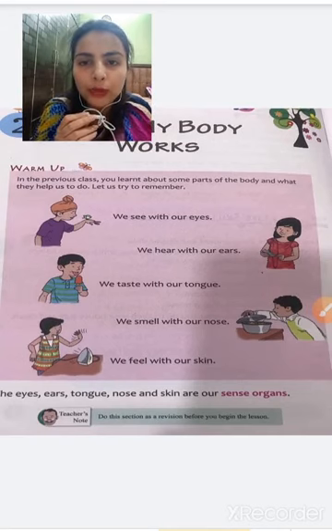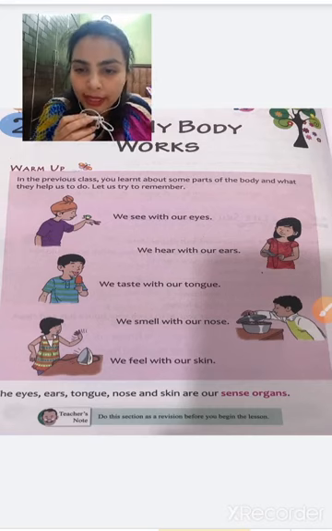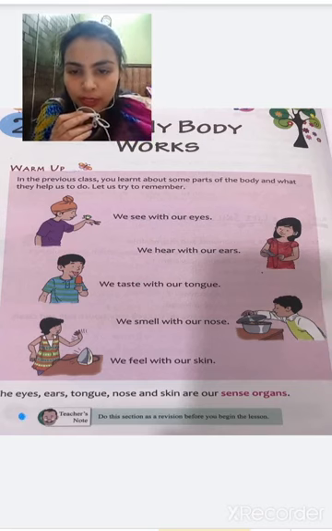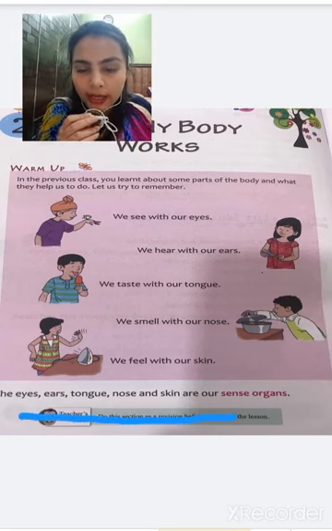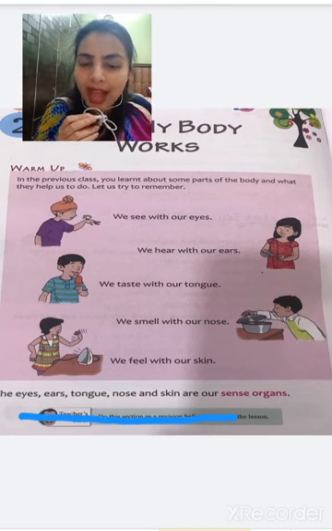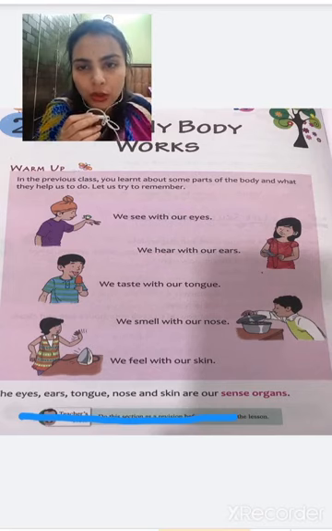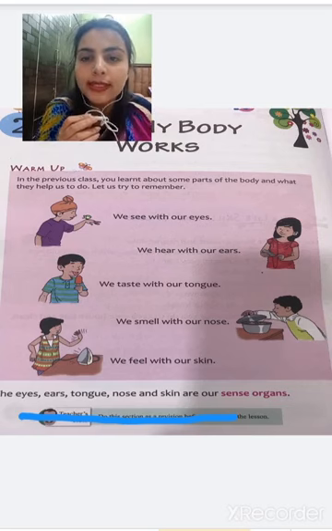Now you have to read the chapter which is in class 2. See here below it is written: the eyes, ears, tongue, nose and skin are our sense organs. What do you understand by sense organs? Through which you can feel, you can see.